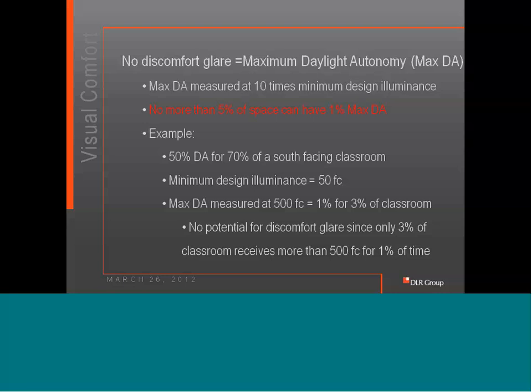For instance, if we design this space for 50 foot candles, they put a metric of 10 times the minimum design illuminance, so 50 times 10, 500 foot candles. They're saying that at any given time in the year, if there's more than 500 foot candles in this space, that could cause glare, so they want to limit the amount of time there is more than 500 foot candles. Does that make sense?